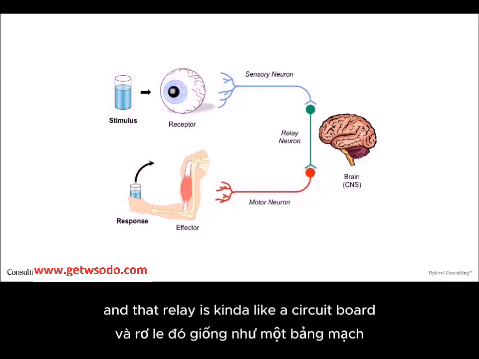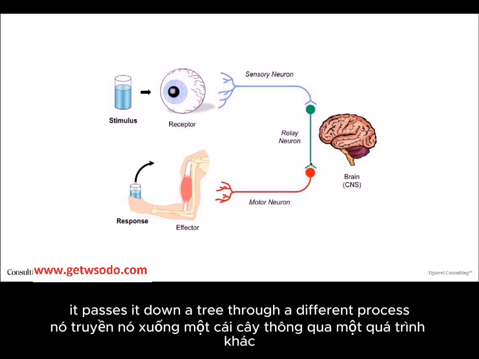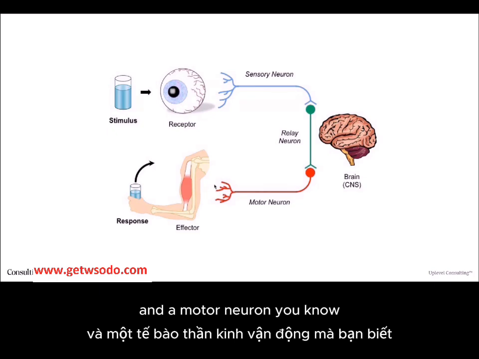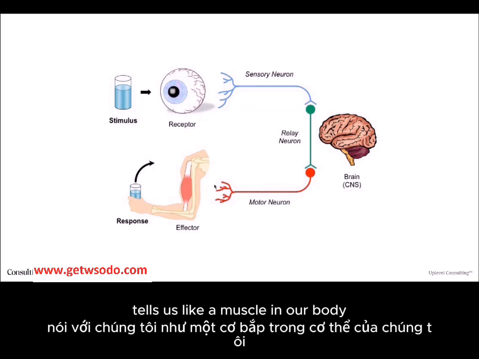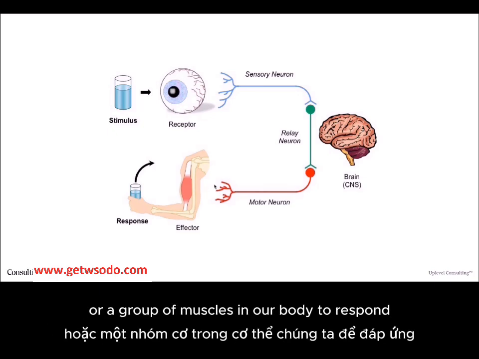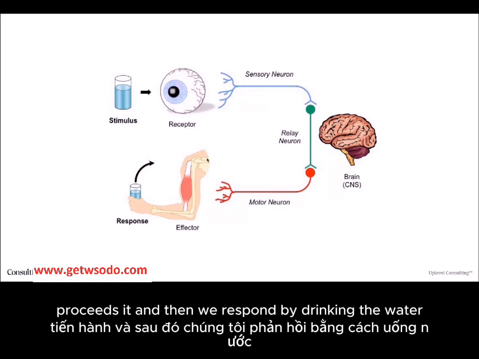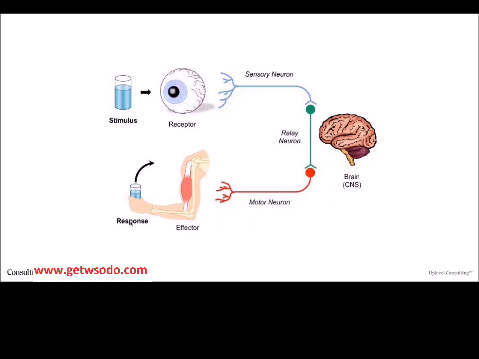And that relay is kind of like a circuit board. It passes it down a tree through a different process. And then that goes to our motor neuron. And a motor neuron tells a muscle in our body or a group of muscles in our body to respond. And in this case, it sees this, the brain processes it, and then we respond by drinking the water.